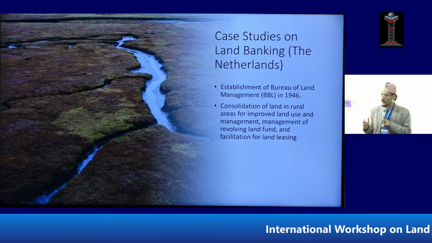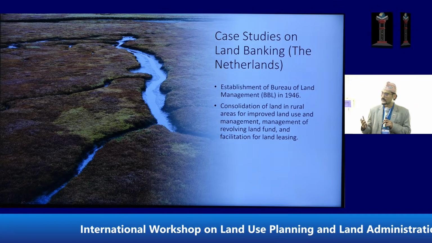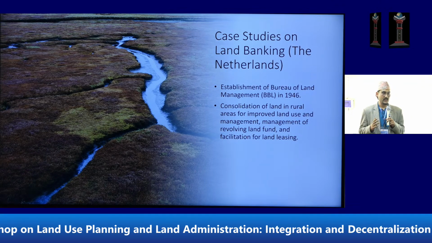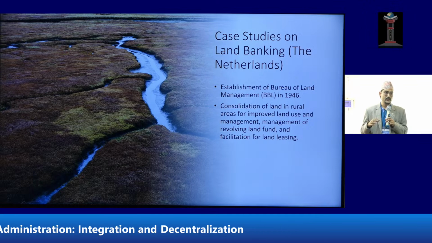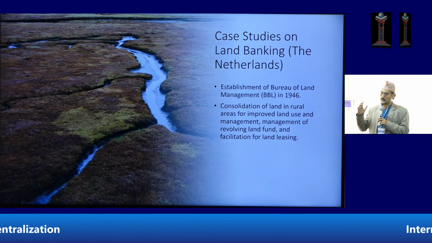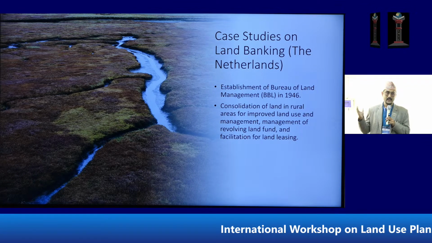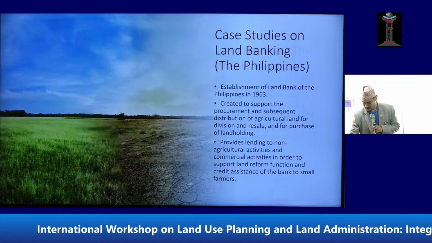It also provided management of the revolving land fund and facilitation for land leasing activities. This was mostly motivated by the complications of land use in their country. So in order to move forward with better land use planning, the land bank was established and it worked on the agenda.